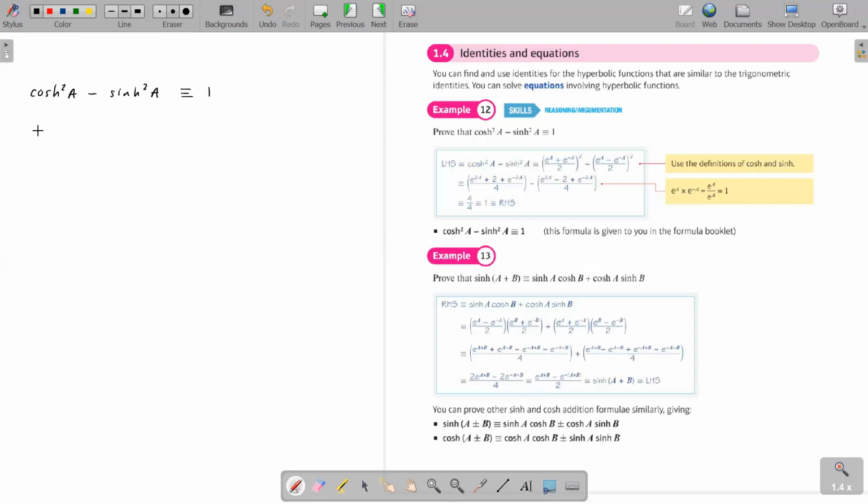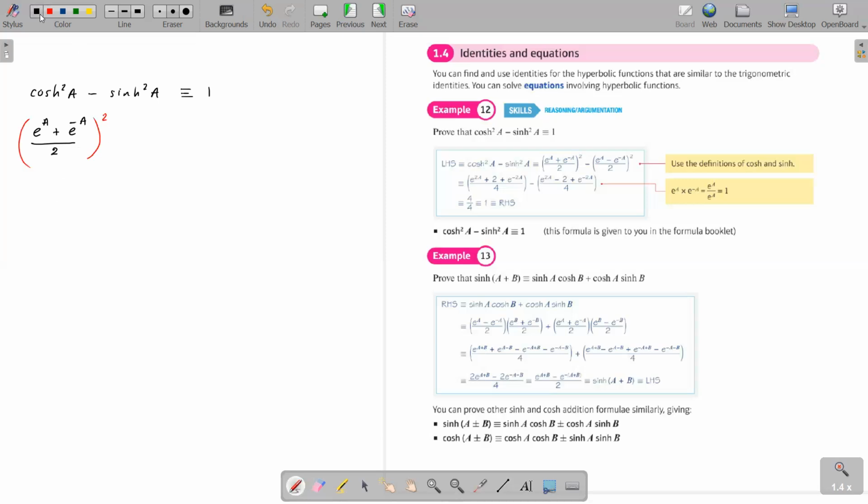So here, cosh A is e to the power A plus e to the power minus A, divided by 2. But we are supposed to work with cosh square A, so you square this entire function. You multiply it with itself, or just put a bracket and put a square.